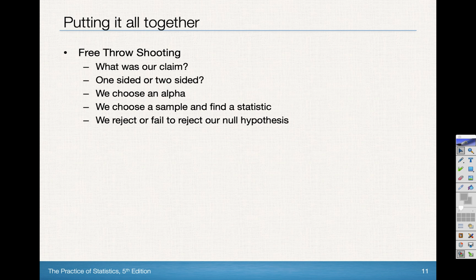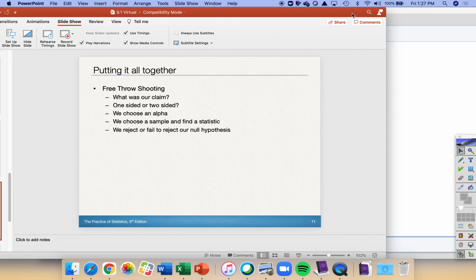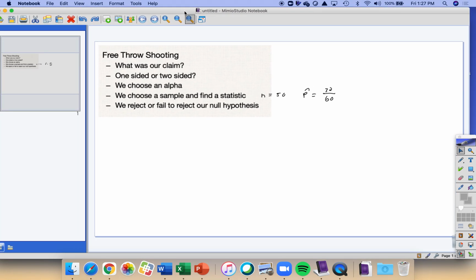Okay, so let's go to our claim here. Let's see if we can outline a significance test. I am shooting free throws and we made a claim. H naught was that p is equal to 0.8.